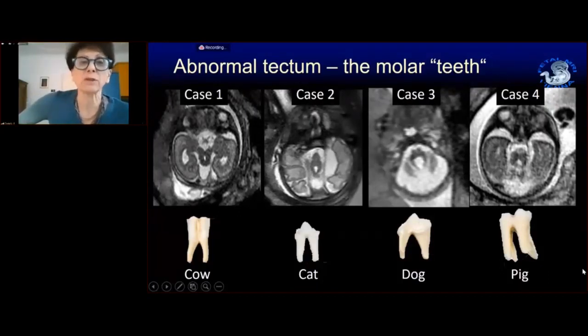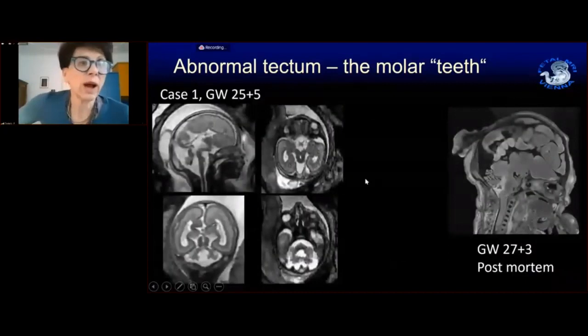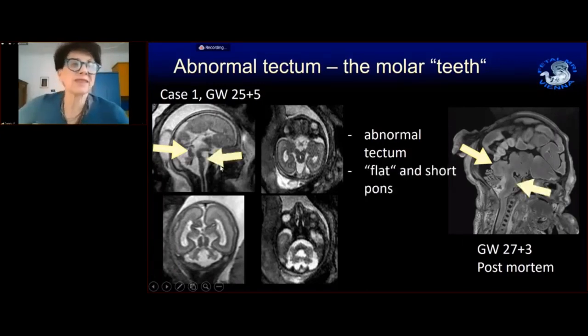So what? Here you have an abnormal tectum. You see this really misshaped tectum, proven by a postmortem specimen. The pons is flat and short. The cerebellum is too small, and there is also an encephalocele pointing towards the genetic background.